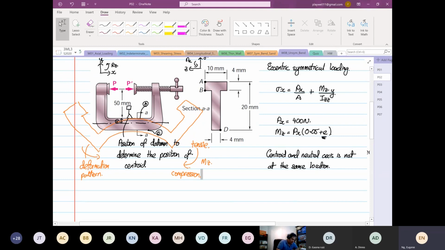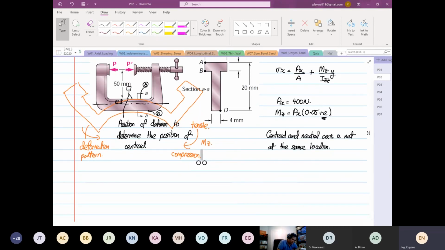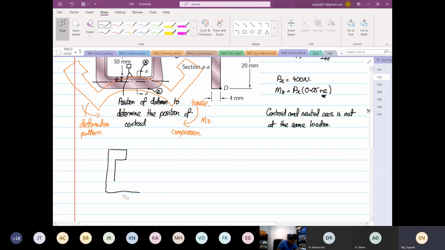Okay. And then if we are not sure whether the point. Okay. So we are going to draw half of it. Right. So this section is our section of interest.